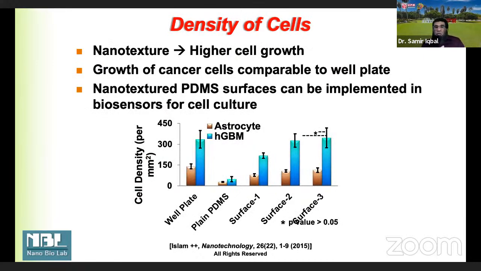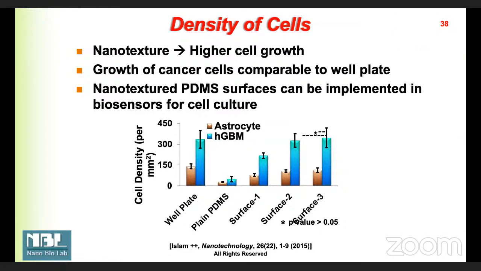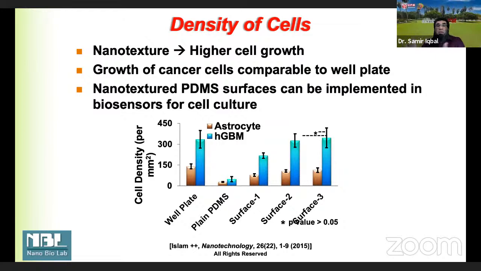And not just that, if you do the incubation and let the cells grow, they grow much faster on the nanotextured substrate, as good as you would do on a cell plate. Cell culture plates are what we use in regular standard scientific studies. So nanotexture gives you as good of that, not just binding and selective capturing, but if you do culture, that's also much more for cancer cells with respect to the normal cells.